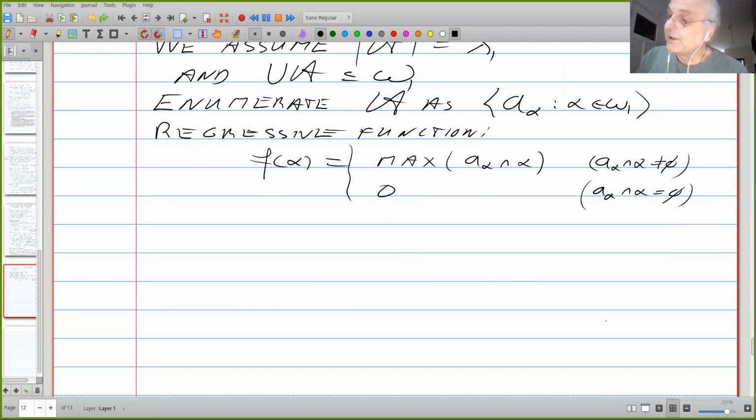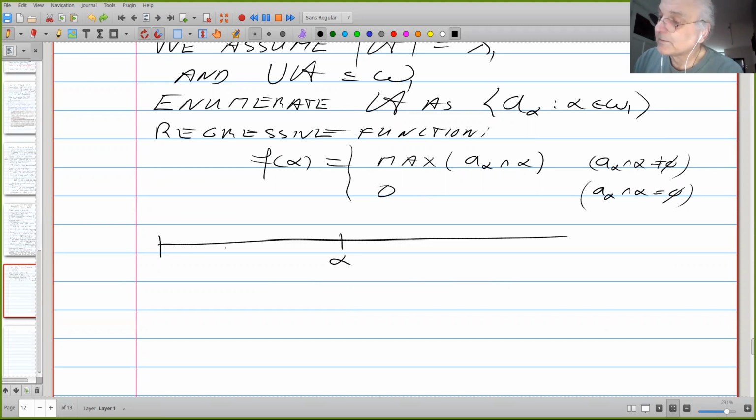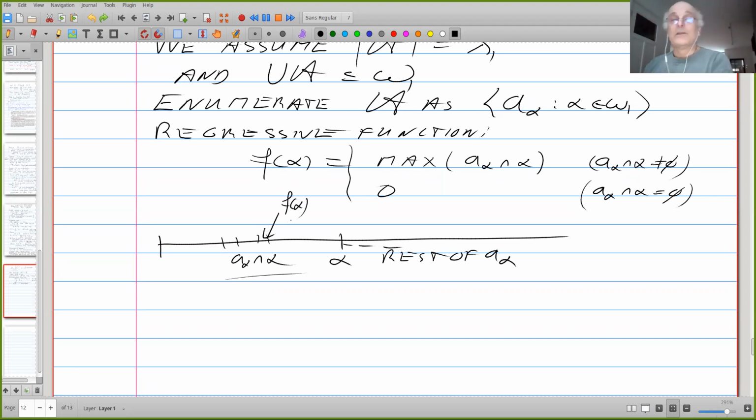So here is the thought. If you have A alpha, it could be a finite set. This bit could be empty, the bit to the left. But if it's not empty, we take the maximum, and that will be F alpha. And if this is empty, we simply take 0 as function value.